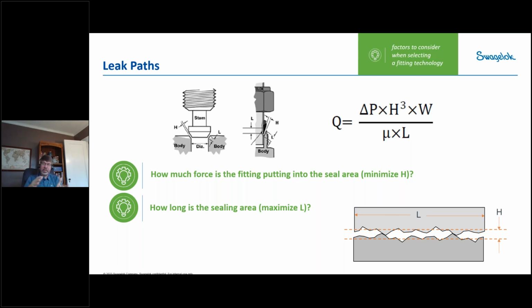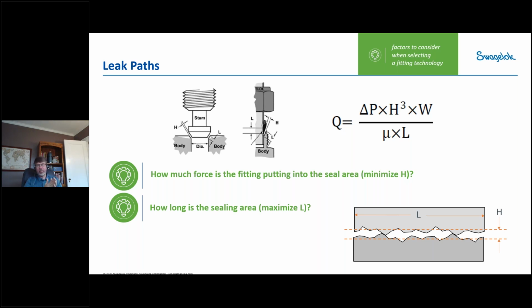The more and more sealing force, the less and less that height becomes. So that's why we're looking for a very, very strong sealing force so we can minimize the height, because again, it's also a cube function. The width is basically the distance around the seal. It's the diameter, which usually has to do with the size of the line that we're trying to put the fitting on. And then there's also the viscosity and the length of the seal.